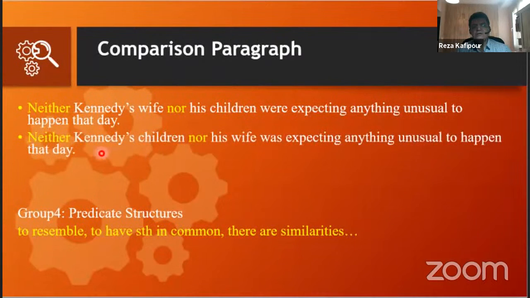But if we change the sentence in this way, neither Kennedy's children nor his wife was expecting, because it should be consistent with wife, was expecting anything unusual to happen that day. As you see, we use neither nor to compare Kennedy's wife and the children, and to say that both didn't expect something unusual to happen.